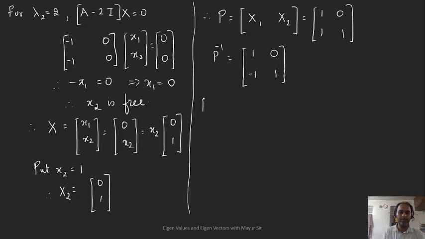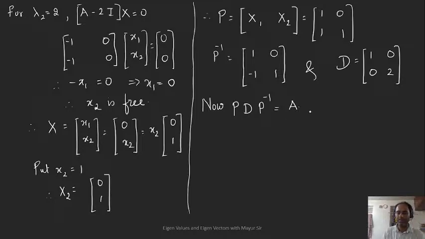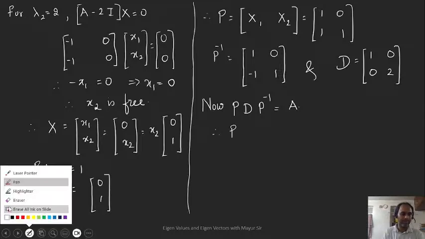And the D matrix is going to be 1 and 2 0 0. So since A is diagonalizable, we will have here P inverse A P, or we can write it like this, it would be better.